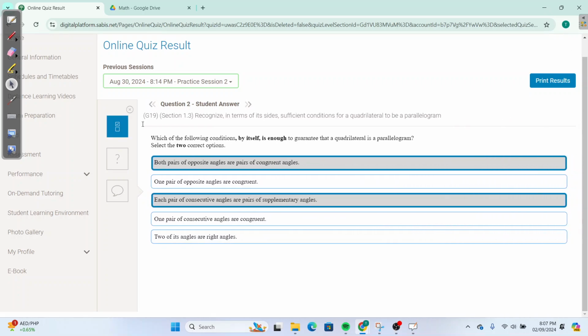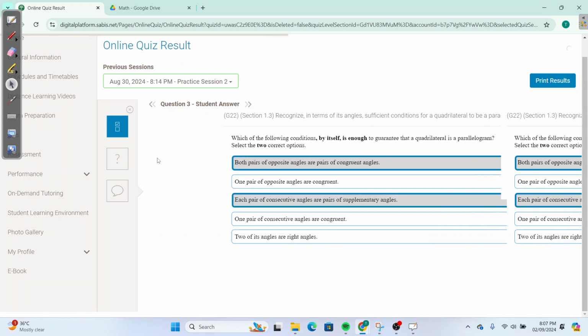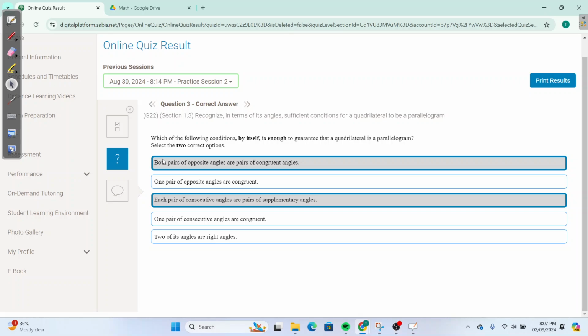This one's actually easy to think of because if you know this, then you're going to know this one. Basically, if you just remember that one pair has to be parallel and congruent, then you can remember that two pairs have to be parallel. Like it branches off, basically. This is how I memorize it. But you can think about it logically, basically.